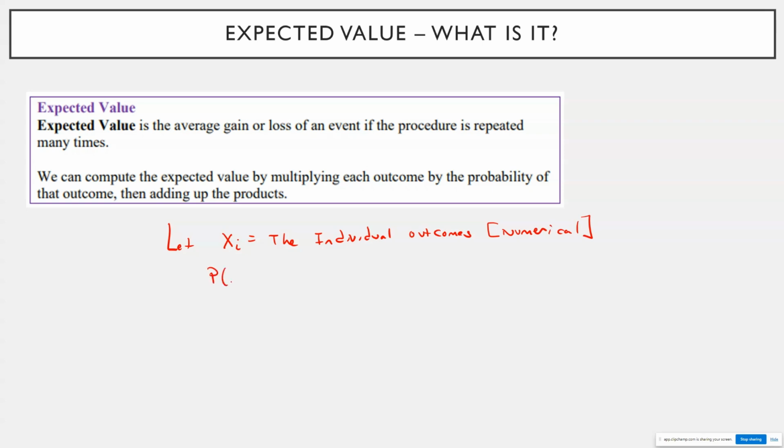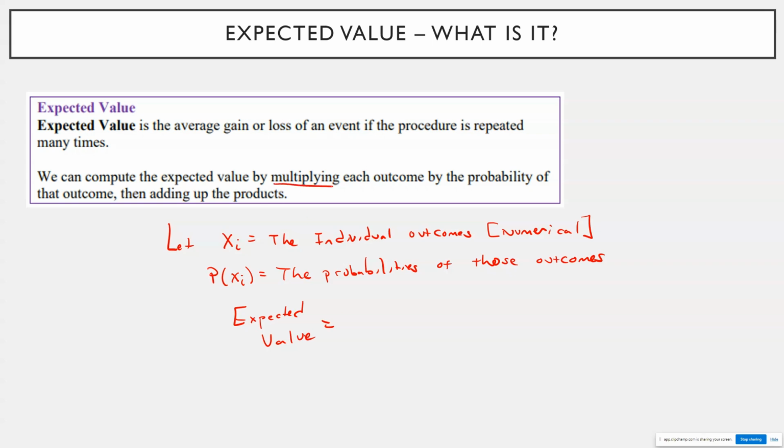Then the probability of x sub i are the corresponding probabilities of those outcomes. So then what that means is the expected value is just this formula.